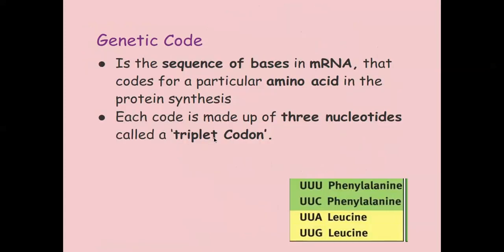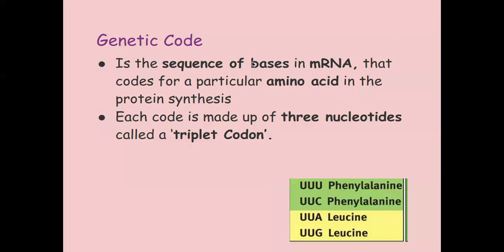Okay, so going back to what is a genetic code? If you are asked a simple question, what is a genetic code? The genetic code is nothing but the sequence of bases in the messenger RNA that code for a particular amino acid in the protein synthesis. So this is the definition given in your book. Obviously the mRNA is taking the code from the DNA.